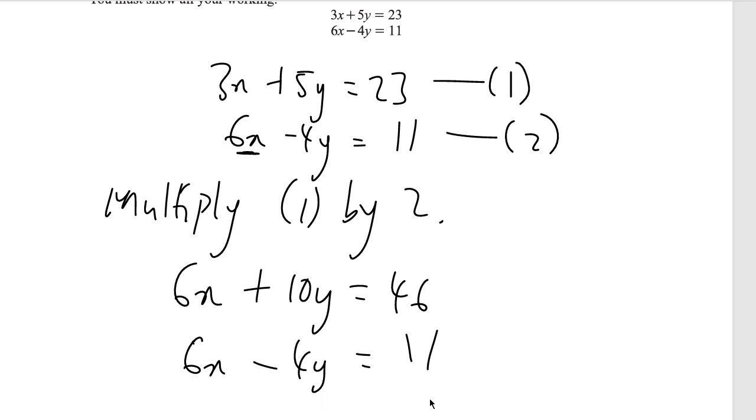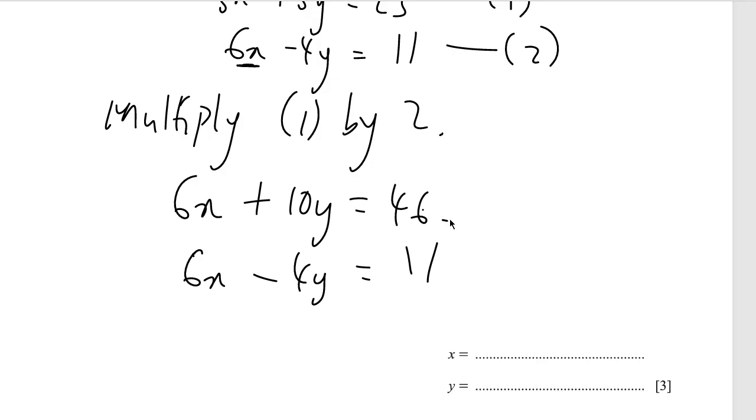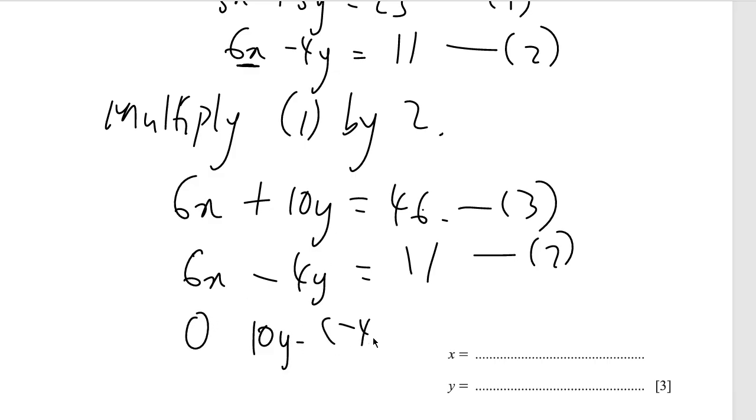So at this point, we can then subtract the two equations. Now let's call this equation 3, and equation 2. So if we subtract, 6x negative 6x is 0, 10y negative negative 4y, that's positive, is equal to 46 negative 11 is 35. So 10y plus 4y is 14y equal to 35.